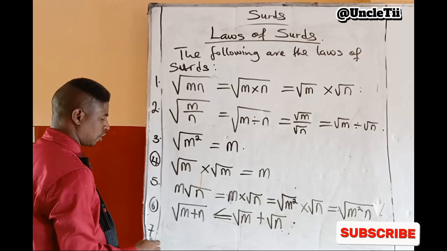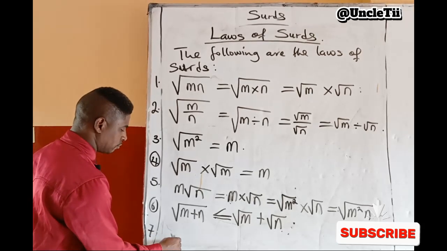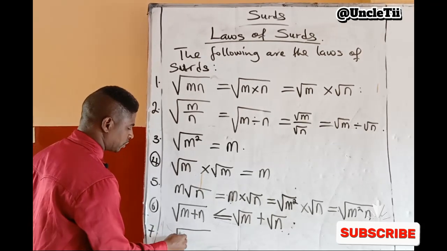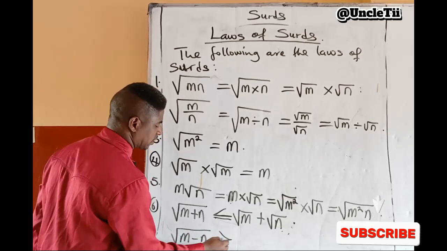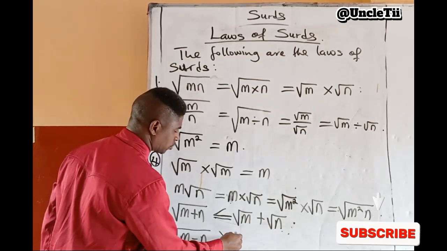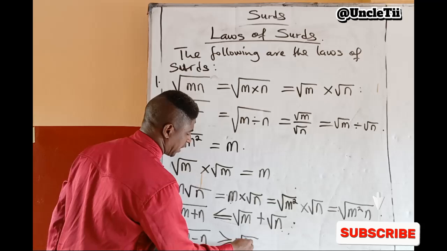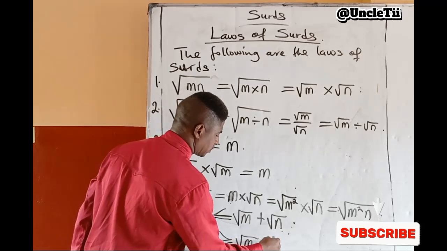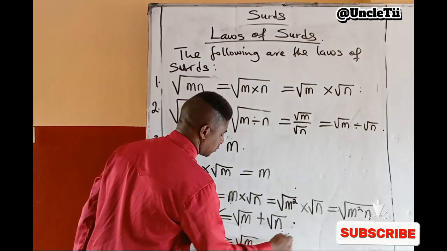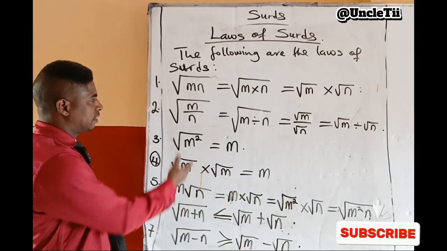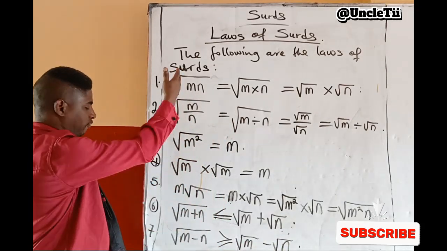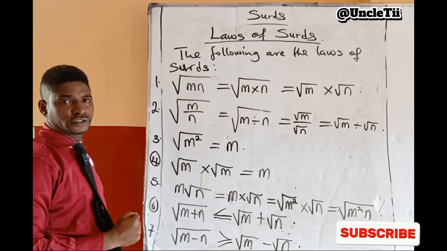And finally, law number 7, root m minus n is greater than or equal to root m minus root n. These are the 7 laws of surds.